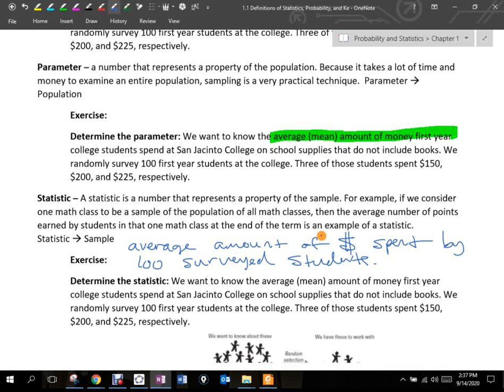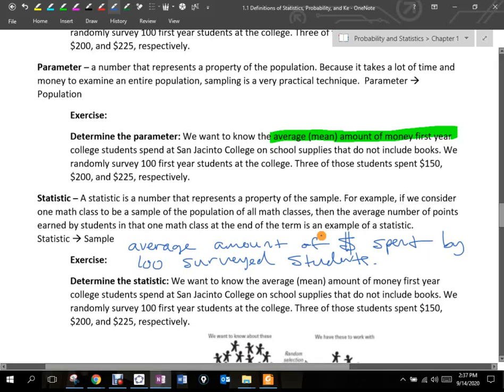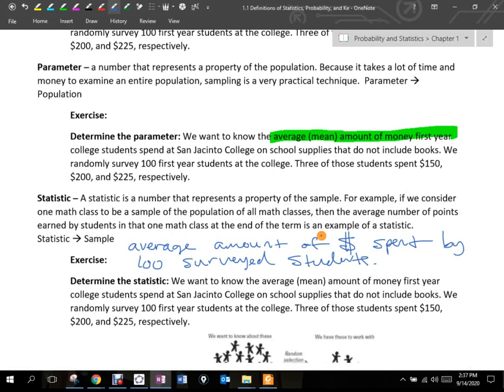So what I'm studying in the population has to be the exact same thing I'm studying in the sample. Is that all right? A statistic pairs with sample. So parameter comes from population, statistic comes from sample. P and P, S and S, right? Does that make sense? Okay.